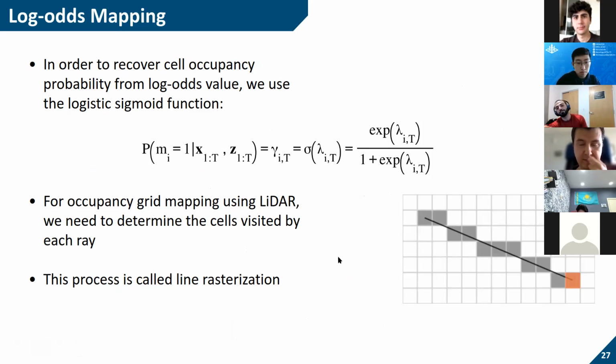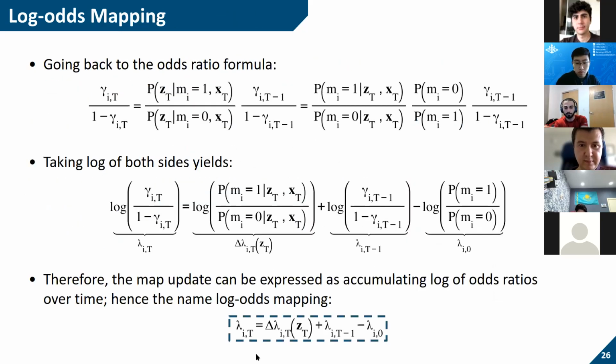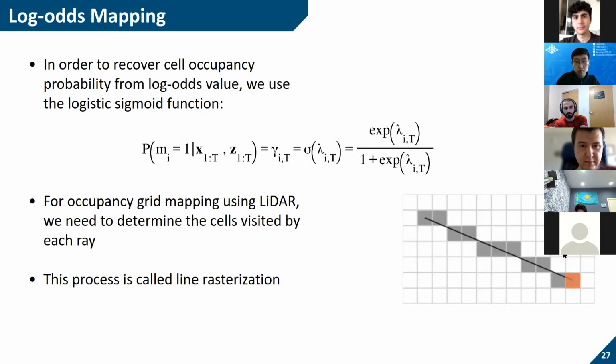At the end of the day, what we need to do, let's say using a LiDAR scanner, is to find the pixels of the map where the LiDAR travels through, find the ones that are free, find the one that LiDAR hits, and update these log odds values as in here for each pixel.